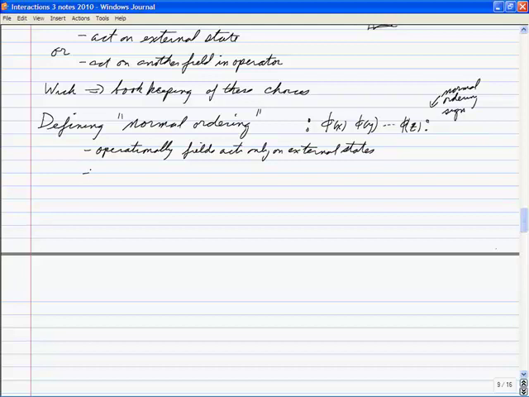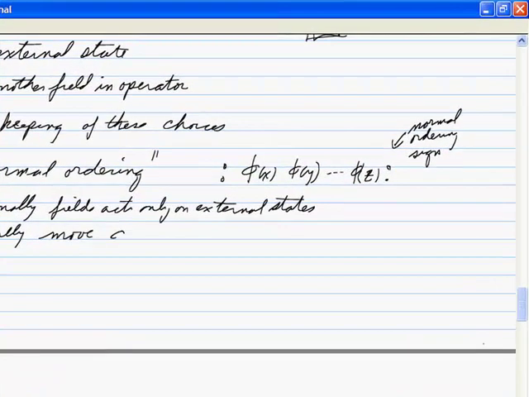The technical definition is that what you do is you move all the annihilation operators to the right of any A dagger p.